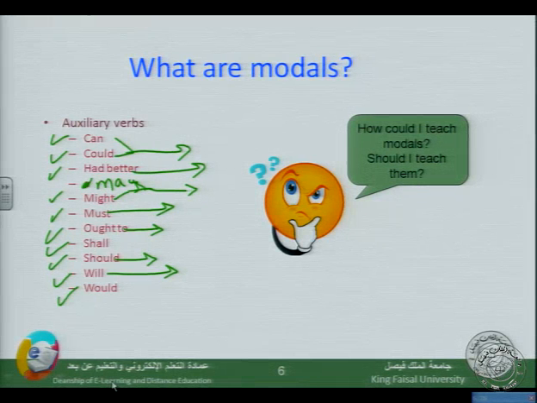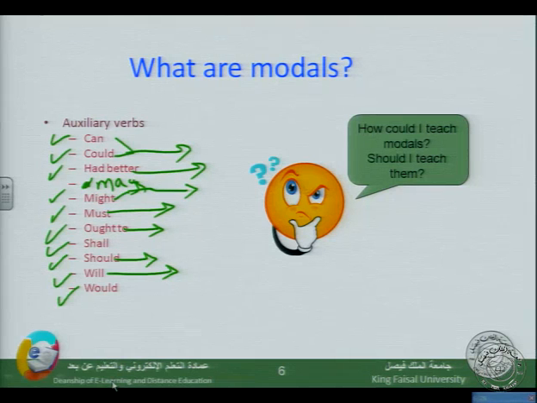So all of these modals have meanings, they have uses. هم استخدامات. In this class we will focus on some of them, the most common ones. And I want you, while you make any conversation with someone, to use these modals correctly. لأن كثير من الطلبة, they get mistaken when they use the modals.